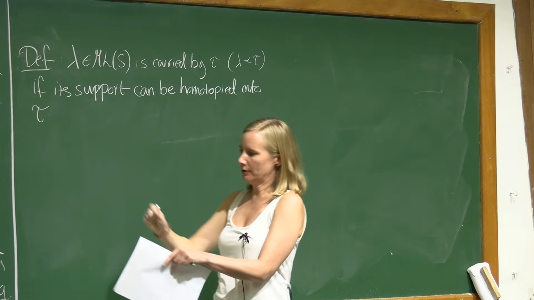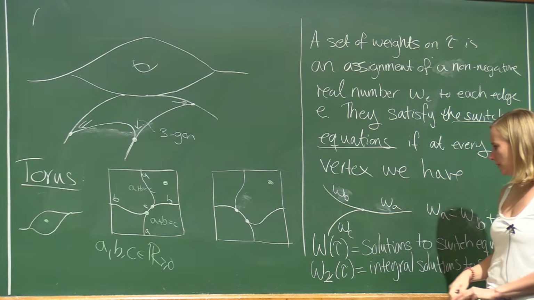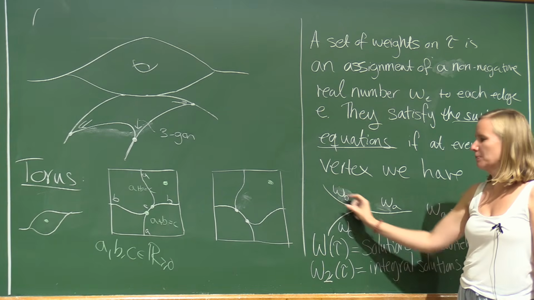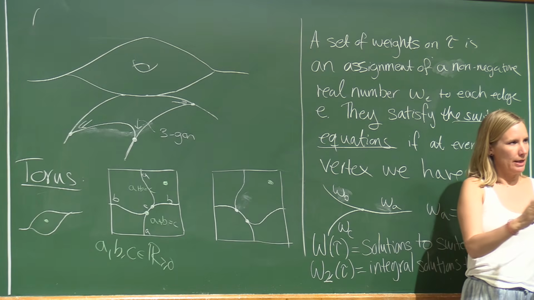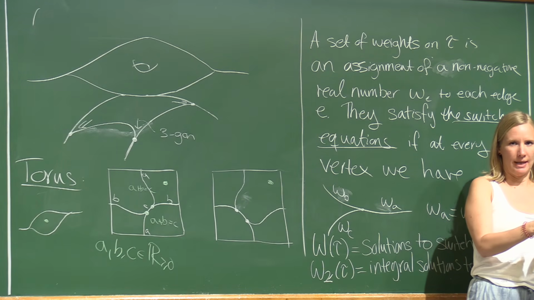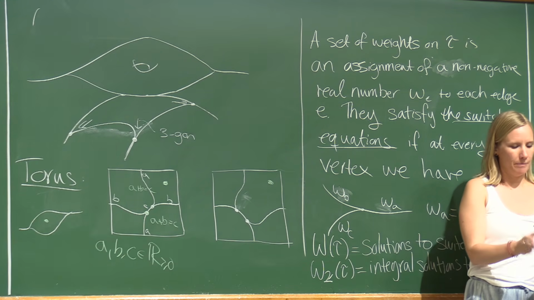So if you can move the underlying lamination, okay, so maybe be a bit more careful. Take a little epsilon thickening of this graph and homotope the lamination into that neighborhood, and then collapse it into the actual train track. Okay.